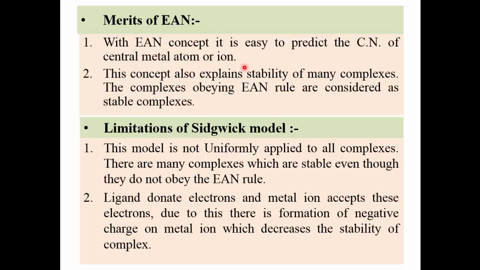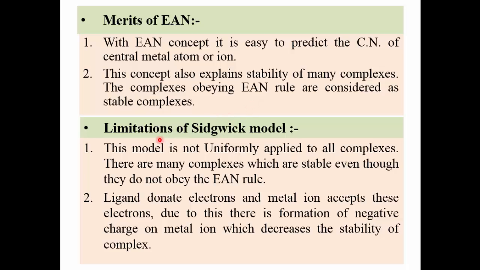If 12 electrons are donated, the coordination number is 6. Second merit, this concept explains the stability of many complexes. The complexes obeying the EAN rule are considered stable complexes. According to Sidgwick, the complexes which obey the EAN rule are more stable.